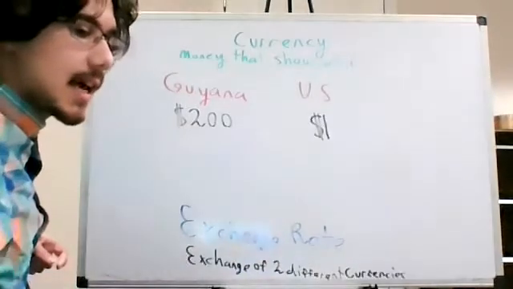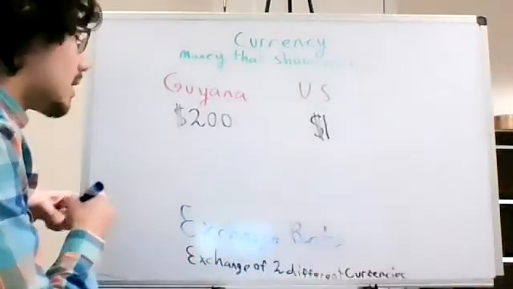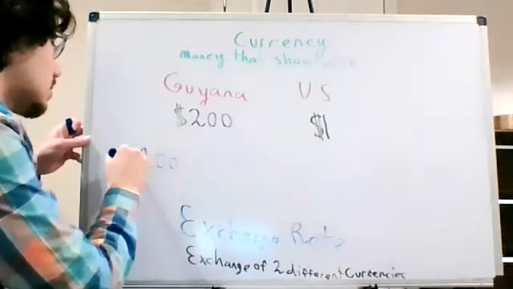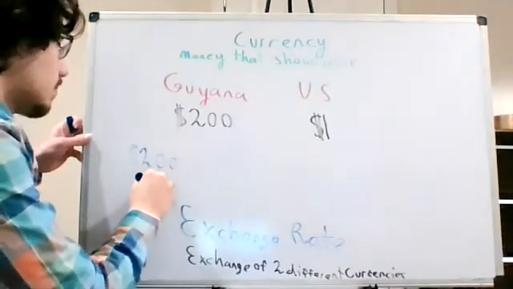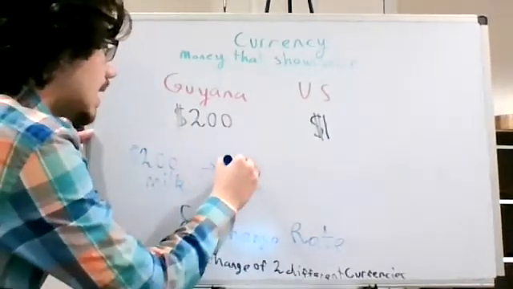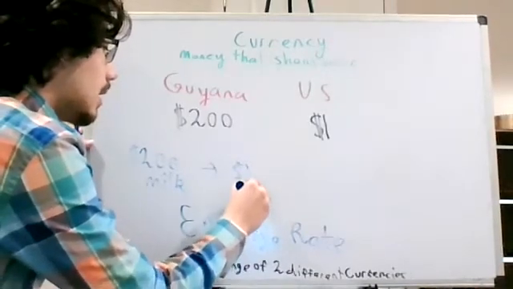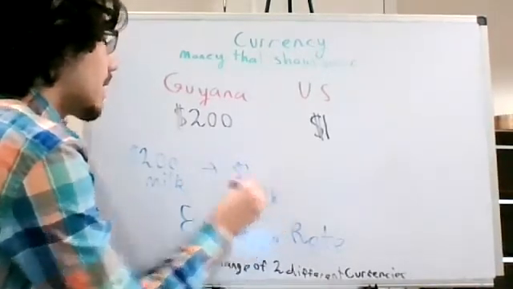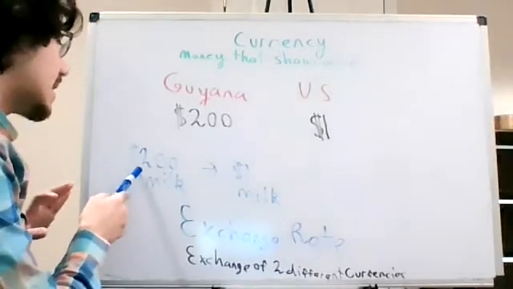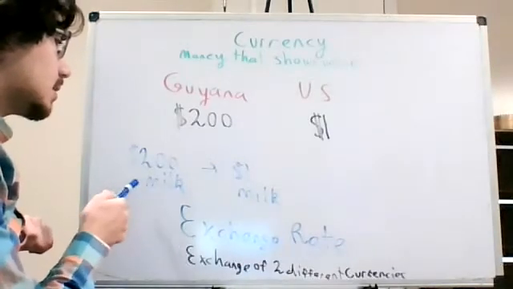So what this means is that if in Guyana you had a bottle of milk that cost $200, that would be $1 of milk in the US, which I think I heard somebody say that a bottle of milk might be $200 in Guyana.